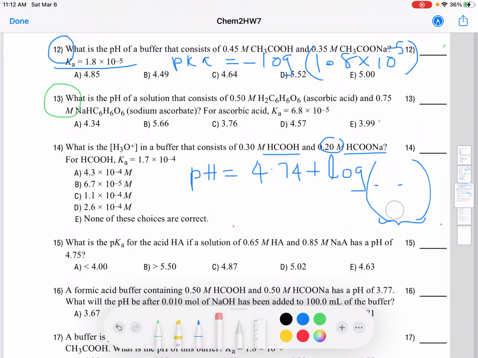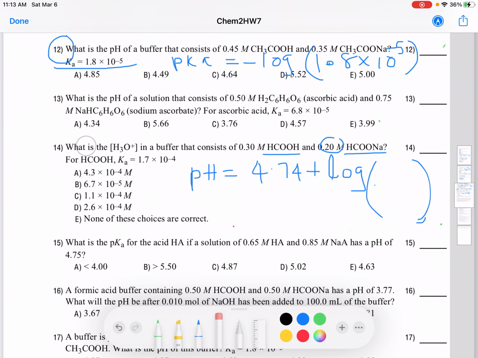Okay, I got a little confused. It's okay. 4.74, 1.8 times 10 to the negative 5. 4.74, that's correct. So we are looking at 12.